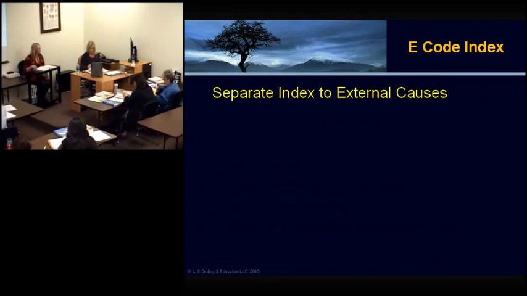Good job. So if you're looking for an E-code, you're not going to go looking in the regular index. You're going to go looking in the E-code index. And if you ever can't sleep at night, this is a really interesting index. You can have hit on the head by a piece of spaceship falling out of the sky. You have E-codes for meteorites and things going wrong.